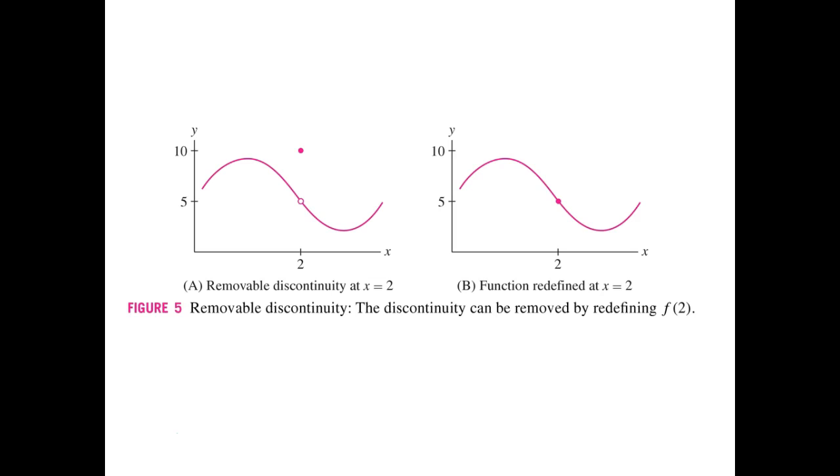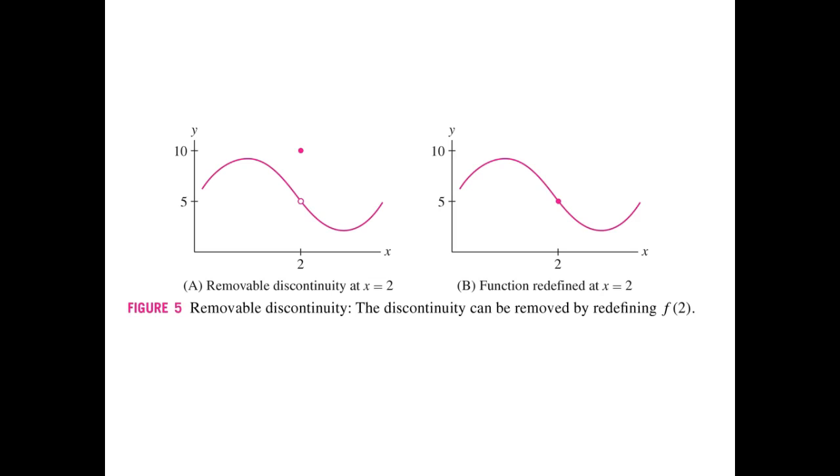But at x equal 2, it's at 10. That's obviously not continuous, because the limit of f of x from the left or the right is equal to 5, but the value of f of 2 is 10. So obviously that's discontinuous. However, that discontinuity is removable.